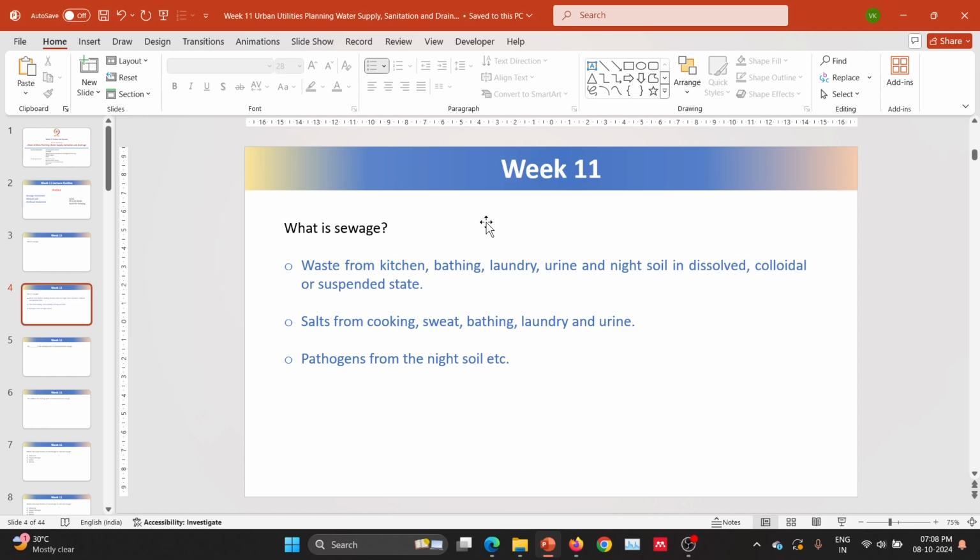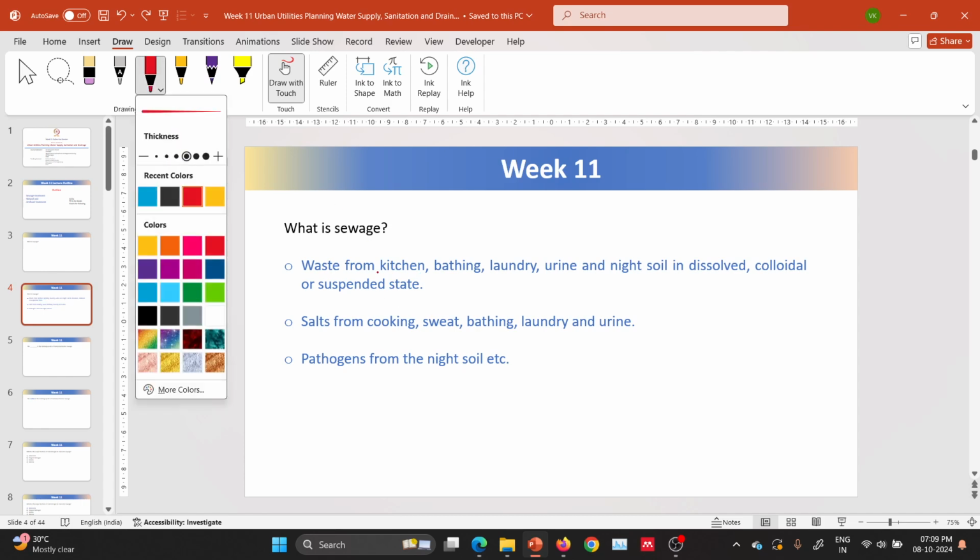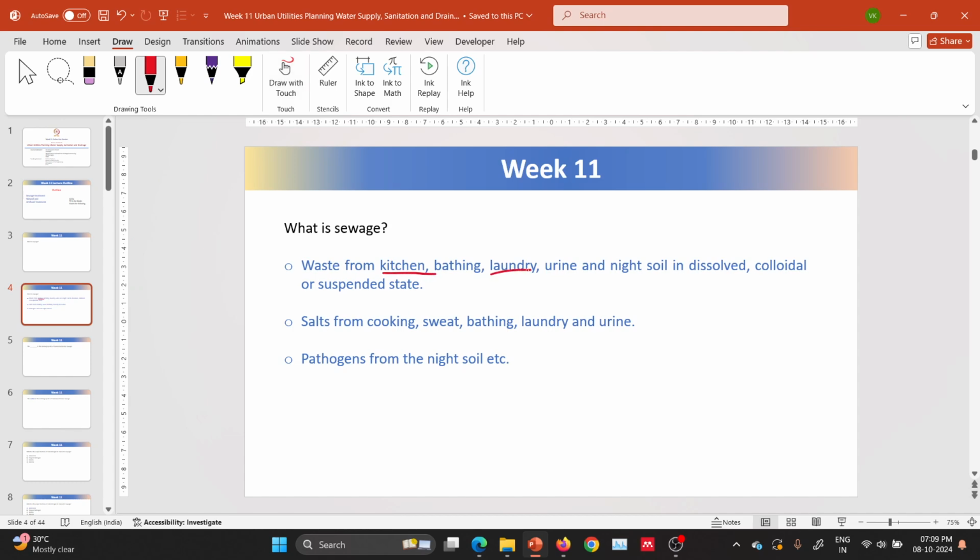Sewage is the waste from kitchen, bathing, laundry, urine and night soil in dissolved, colloidal or suspended state. All the waste which we are producing from kitchen, bathing, laundry, urine and night soil, in both dissolved and colloidal or suspended state, that is called sewage.